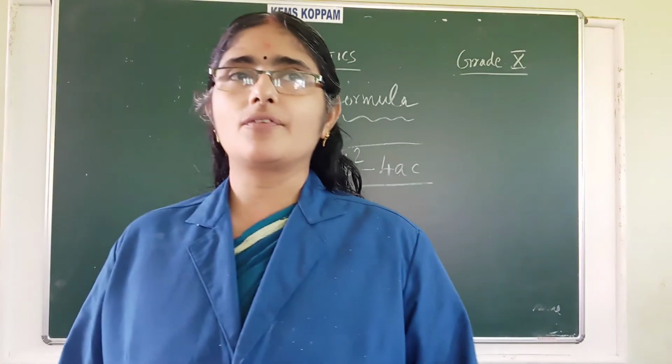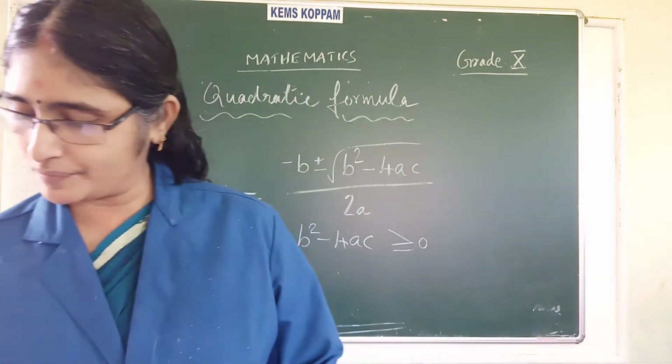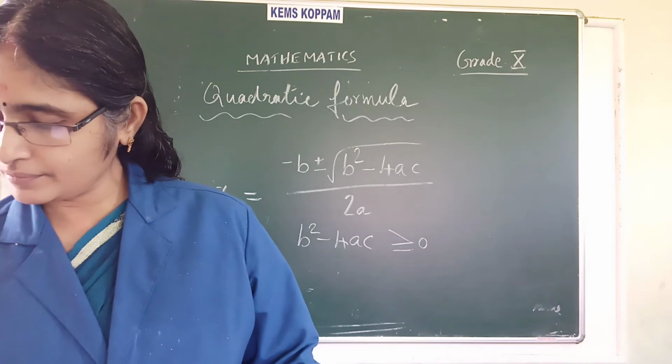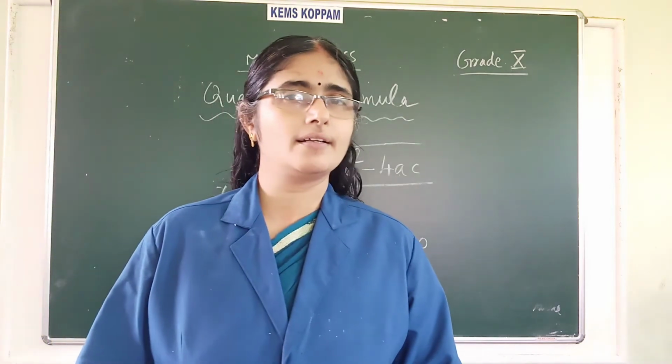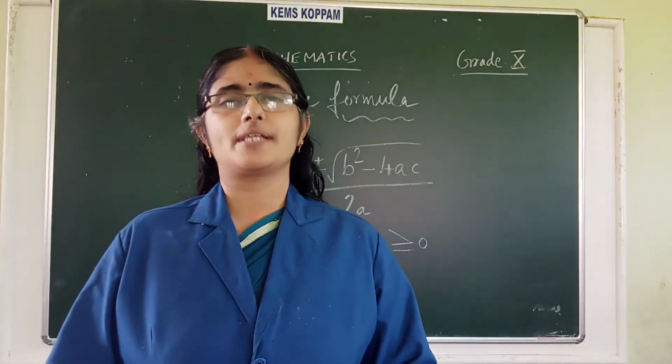So, the question: find the roots of the equation 3x square minus 5x plus 2 equal to 0.